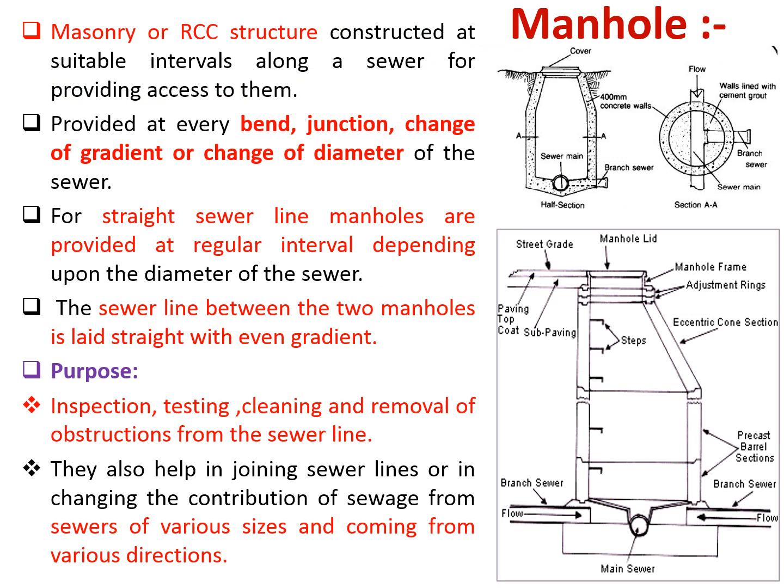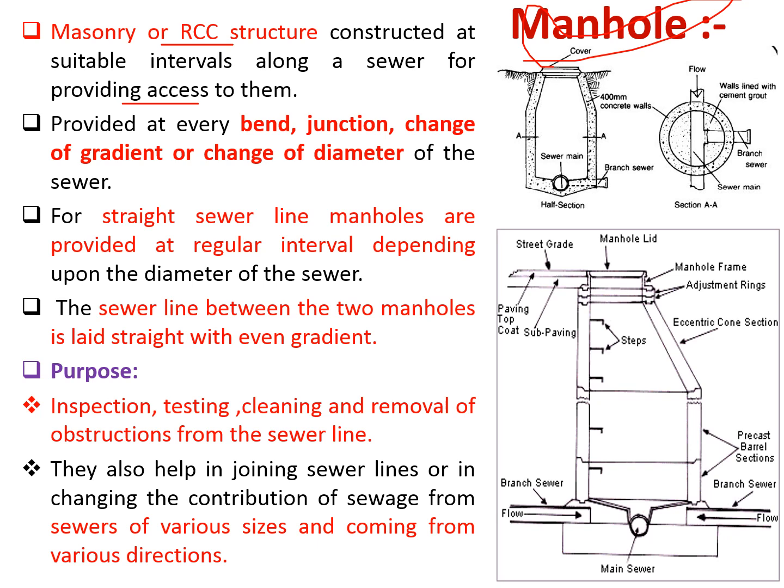Next is the manhole. This is very important as far as the exam is concerned. Basically it's a masonry or RCC structure which is constructed at suitable intervals along a sewer for providing access to it. The name manhole comes from the fact that a man can enter inside, because it is needed for maintenance purposes.